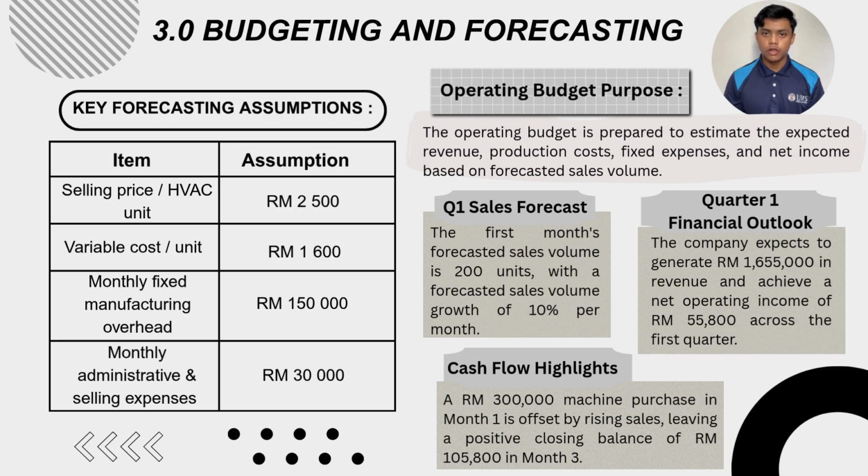It is also vital to observe our forecasted cash flow statement. In month 1, we experienced a cash outflow for a machine purchase capital outlay of 300,000 ringgit. This causes a net cash flow of negative 300,000 ringgit for the first month. However, as sales receipts come in, our cash position recovers, leaving us with a closing cash balance of 105,800 ringgit.